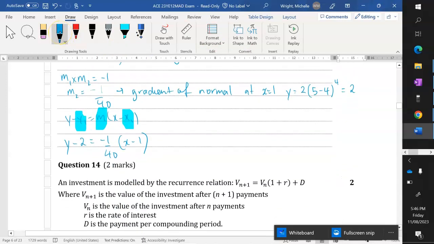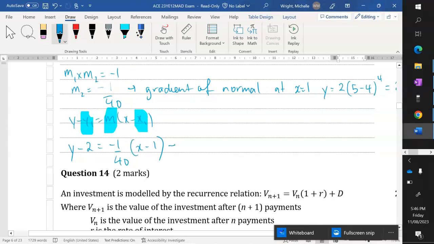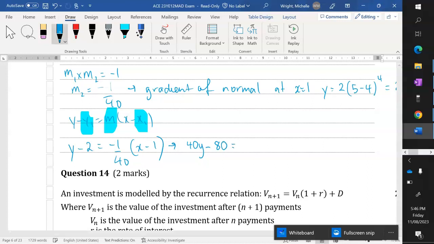So I need to multiply everything by 40. So what that will become will be 40y minus 80 is equal to, and that minus 1 is still there, and it's going to multiply out by both of them, minus x minus 1. So that 40 is being multiplied by each of those terms. When I multiply the right-hand side, it cancels out on the bottom.